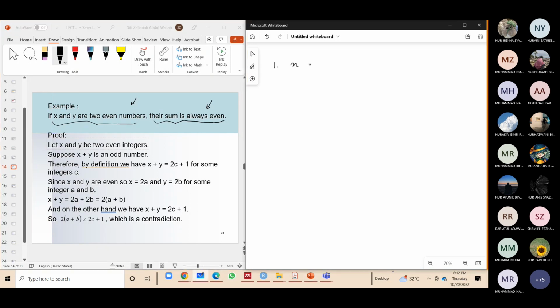So we can say here x and y are two even integers. Another assumption: x plus y, their sum, is an odd integer. Okay, and then we can define x and y.